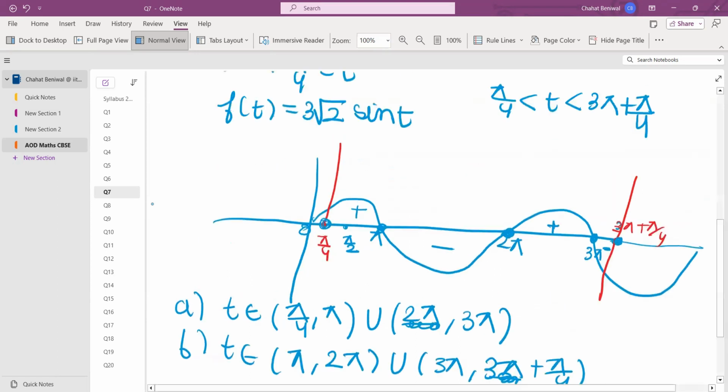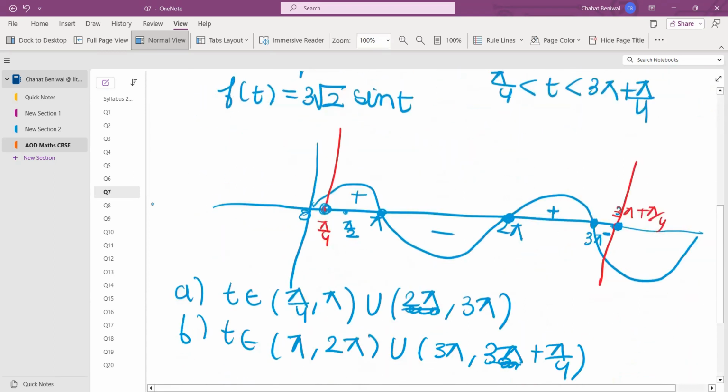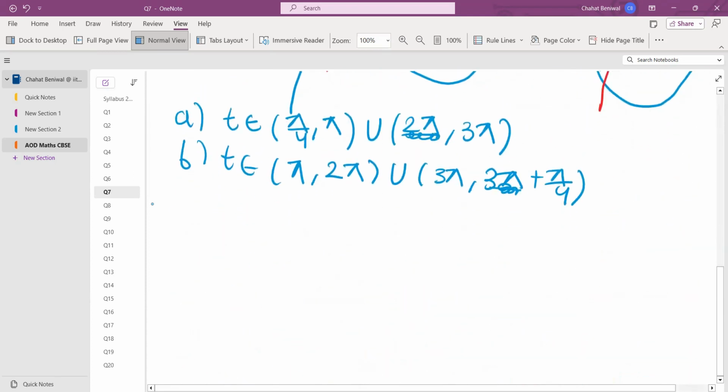Then we'll substitute t as 3x plus pi by 4 in both cases, and then we'll get the intervals for x. Then we need to make the standard table, mentioning all the intervals. How many intervals do we have? 4 intervals.